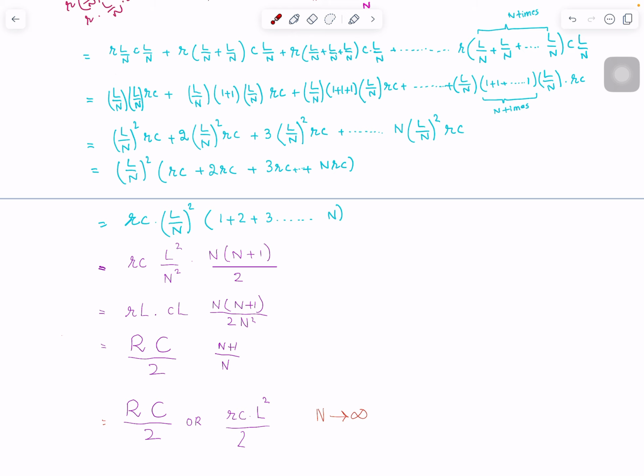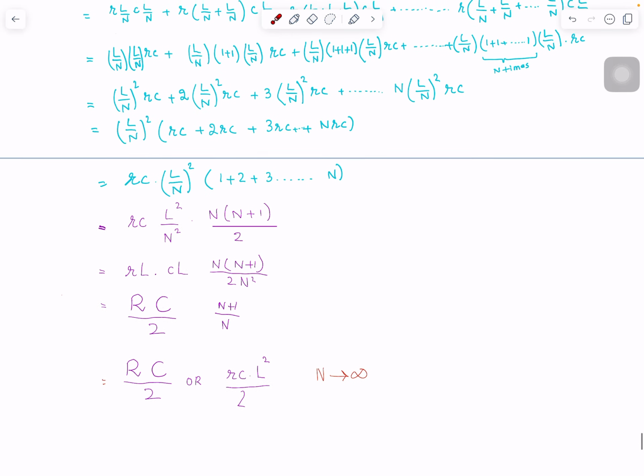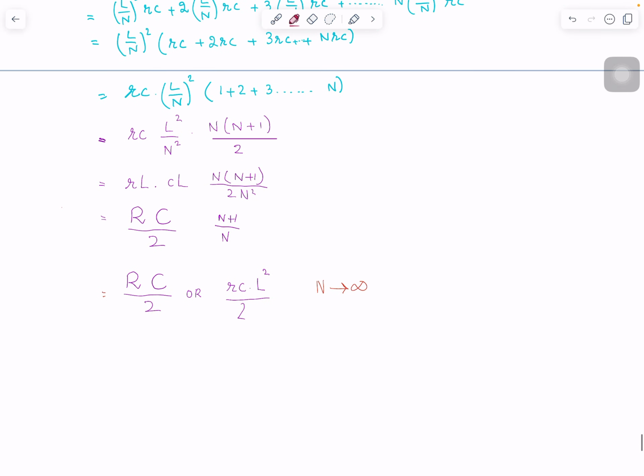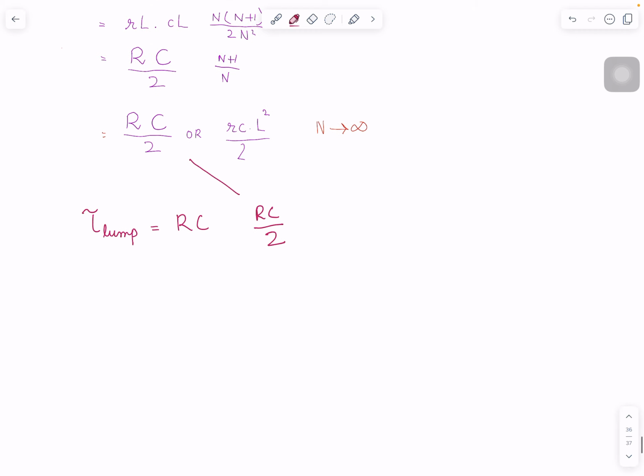So do you know what I'm getting at? Remember the lumped model? In the lumped model, it was RC. And in this case, we are getting RC over 2. And when we calculate delays, all we have to do is, delay high to low is 0.69 of the time constant, distributed.